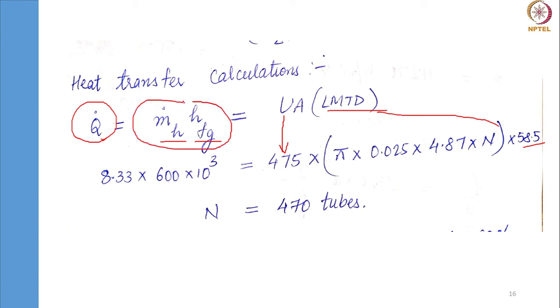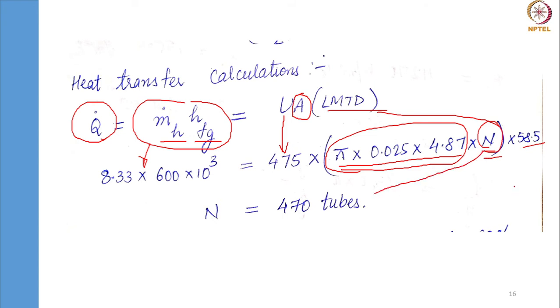The LHS is already known, that is the heat load on the heat exchanger. As I have told you, we are interested in finding this parameter A. A is nothing but the heat transfer surface area, written as pi dl times the number of tubes. Pi dl is the heat transfer surface area per tube multiplied by the number of tubes n. So n comes out to be 470.